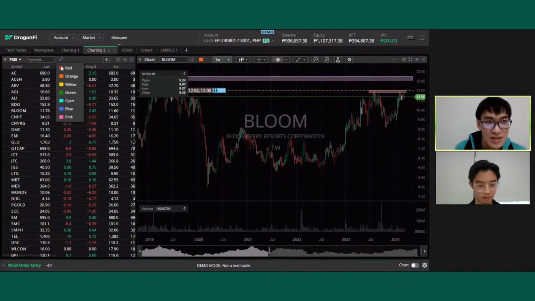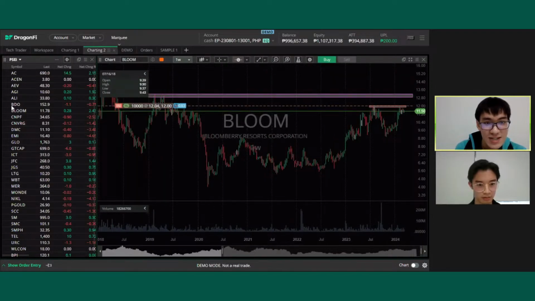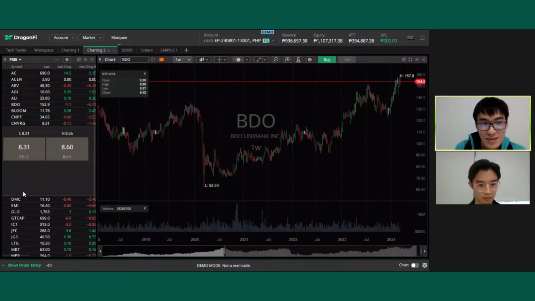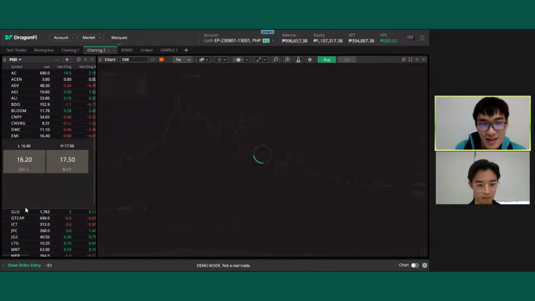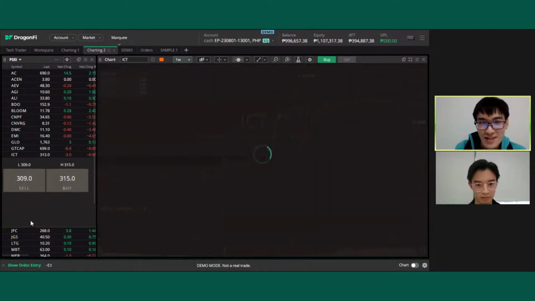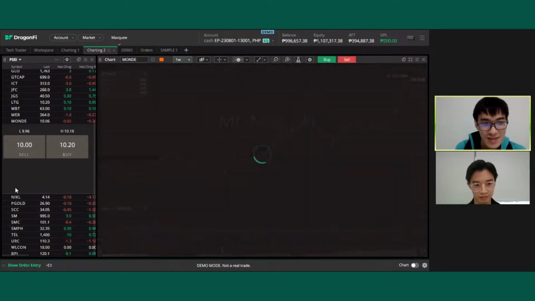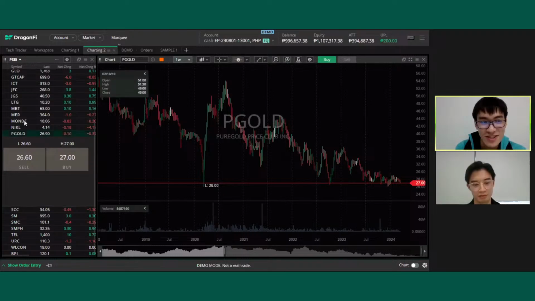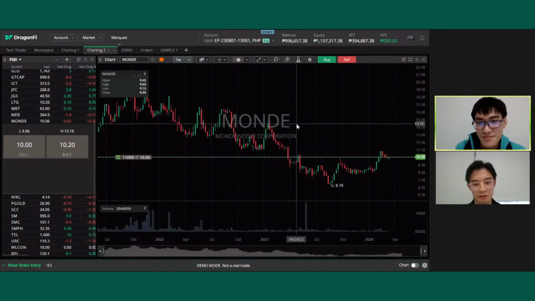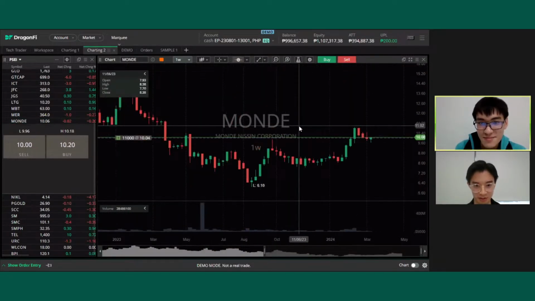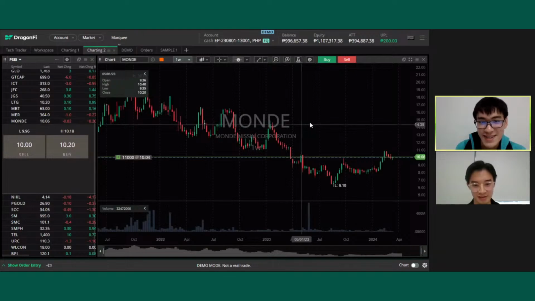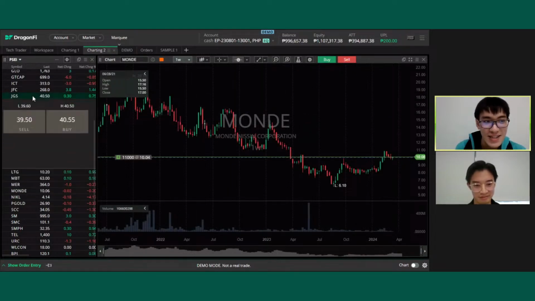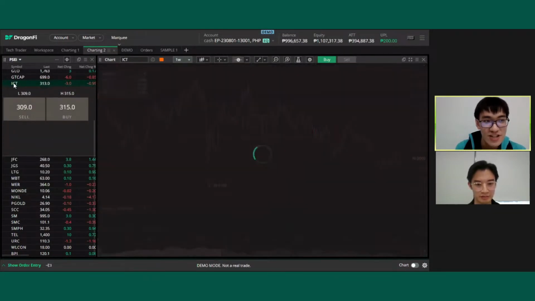So basically, I can just skim through it, and you can see it in the chart already, right? So it's very convenient. I think that's my favorite feature of the trading platform. So this is how powerful the platform is.